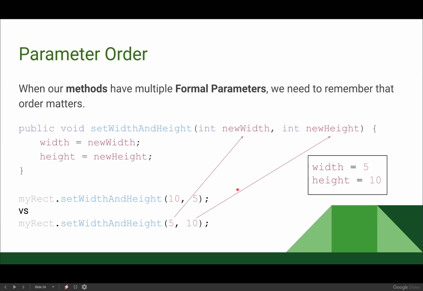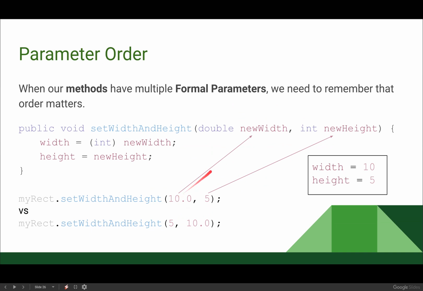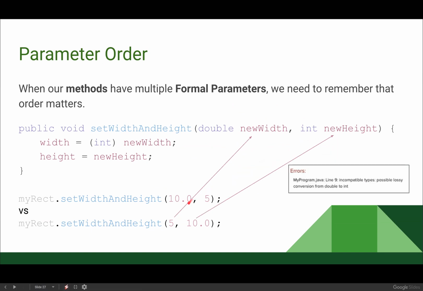And this idea is especially important when I have variables of different types, because now if I try 10.0 and 5, 10.0 is going to get passed into my double value, 5 is going to get passed into my int. That works just fine. But if I try to say 5 and then 10.0, 5 gets passed into my double and then is implicitly typecast. That's fine.